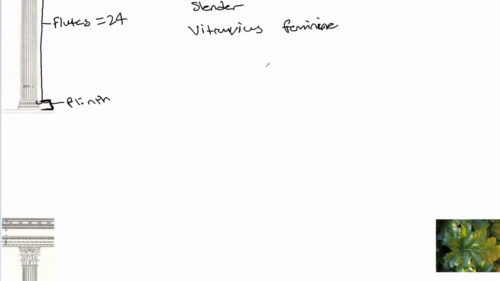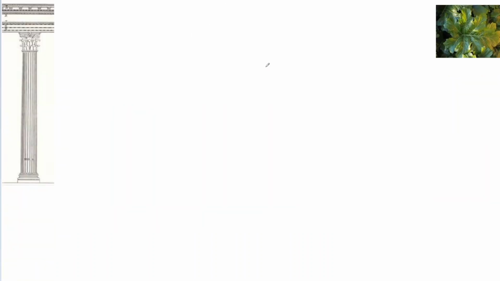Alright, moving on. The next order is the Corinthian order. Now, this one is the most ornate of the 3 Greek orders. The capital is way larger than the previous 2.